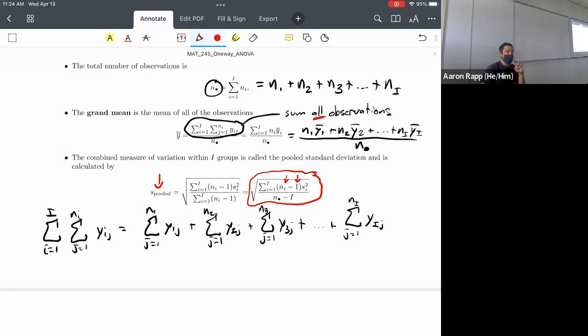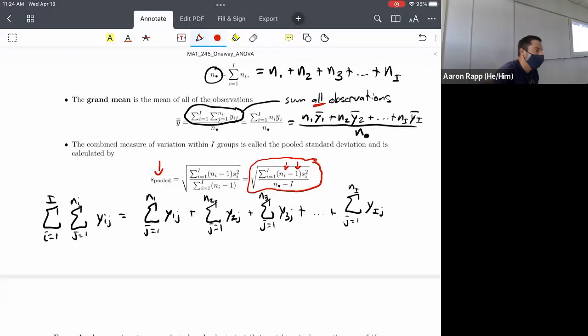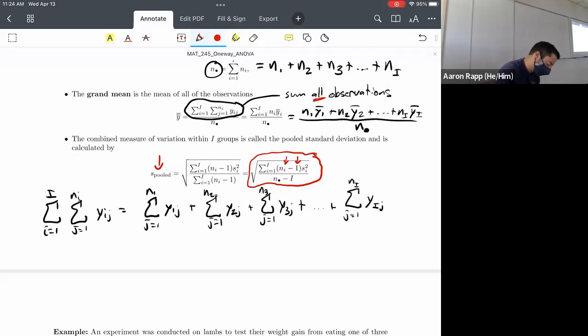And then multiply it by that group's standard deviation squared. I keep adding all of those up. And then once I do, I divide it by the total number of observations I have minus, what does that capital I represent? Number of groups. So the total number of observations that I have minus the total number of groups.